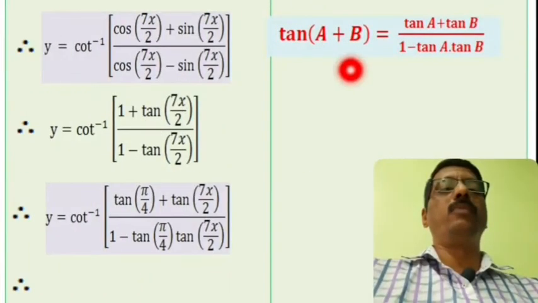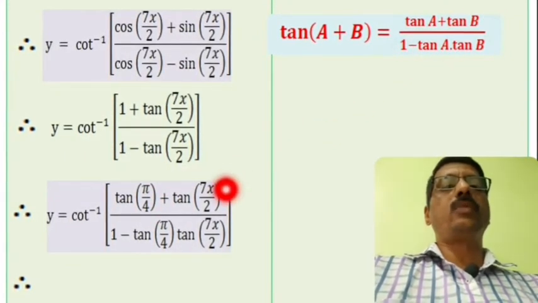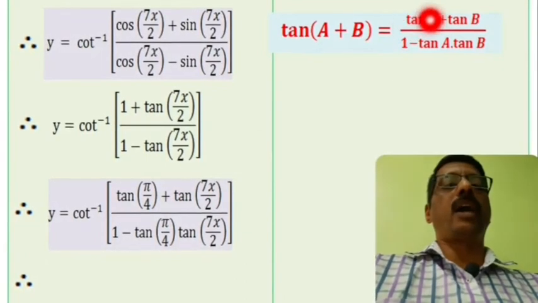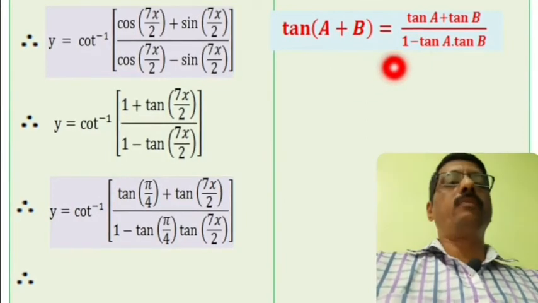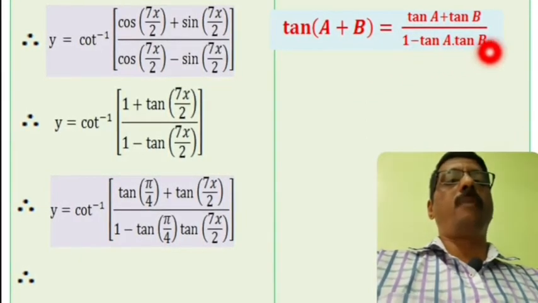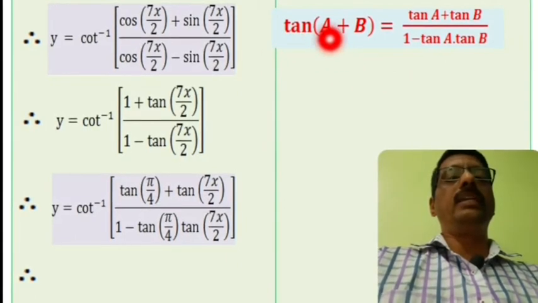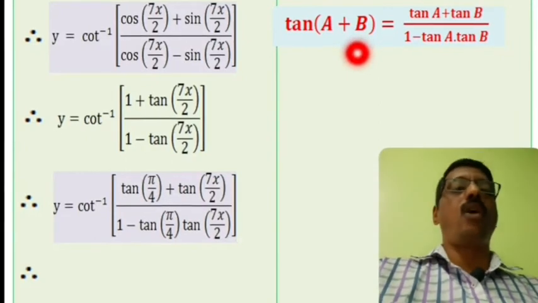You know that formula. Here a is pi by 4, b is 7x/2. By that formula, tan of pi by 4 plus tan of 7x/2 divided by 1 minus tan of pi by 4 into tan of 7x/2 equals tan of (a plus b), that is tan of (pi by 4 plus 7x/2).